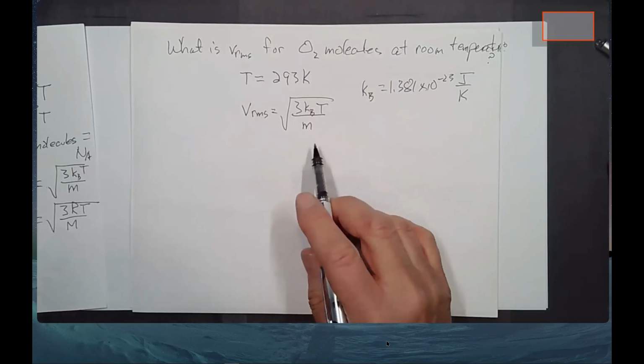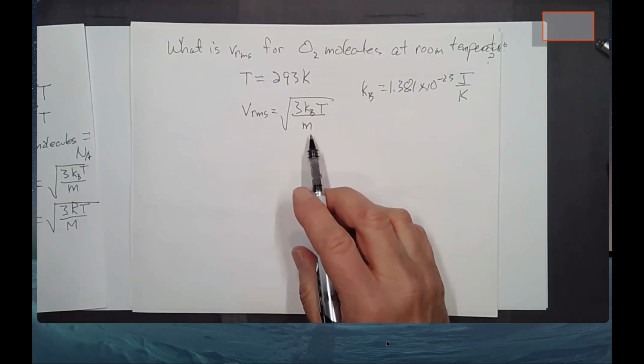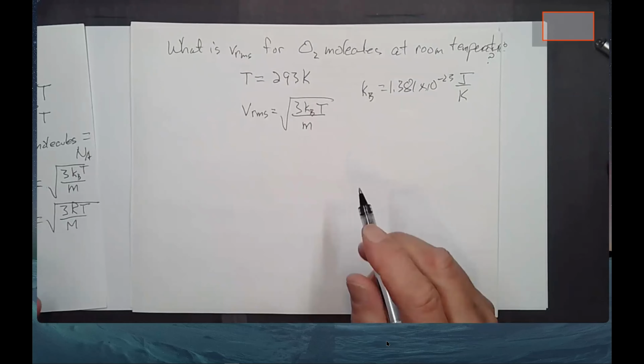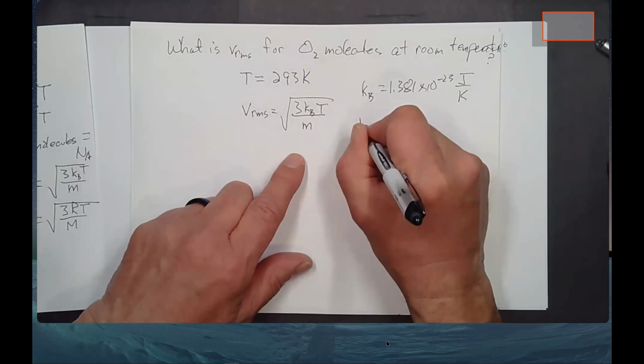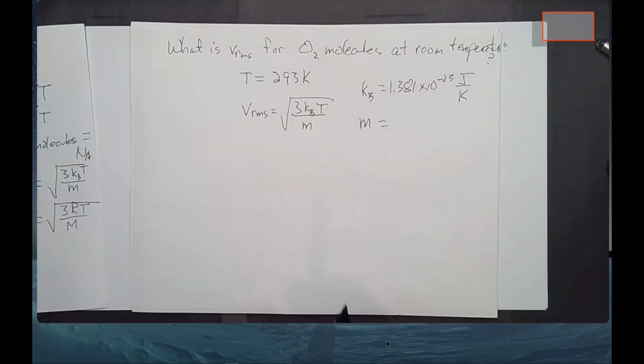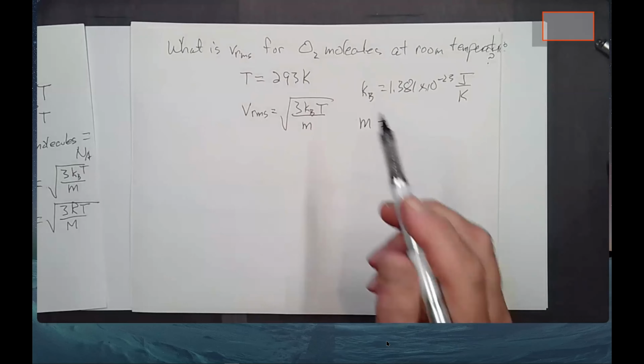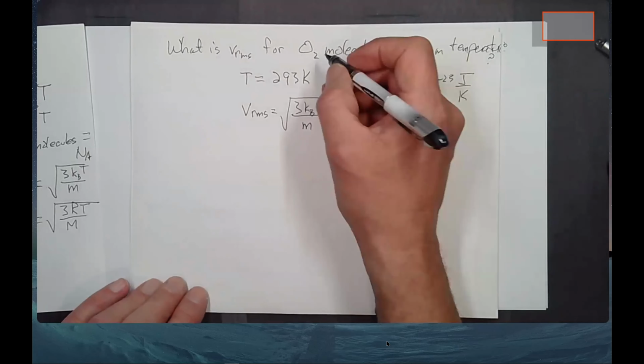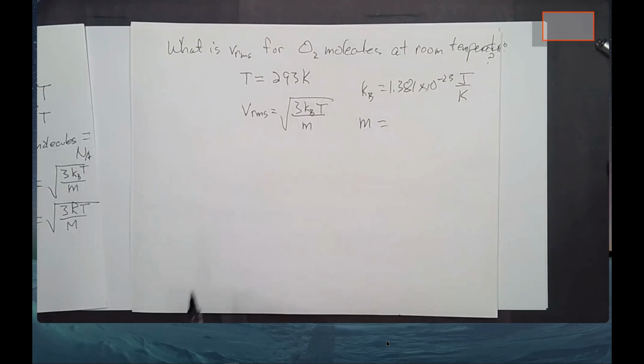So now the thing we need to know is the mass of an oxygen molecule. Well, here's how I do it. An oxygen atom, the most common isotope of oxygen, has 8 protons and 8 neutrons, but we've got 2 of them in a molecule. It's an O2 molecule, and almost the entire mass of the atom is due to the number of protons and neutrons.